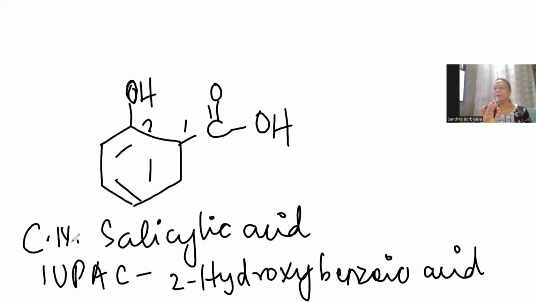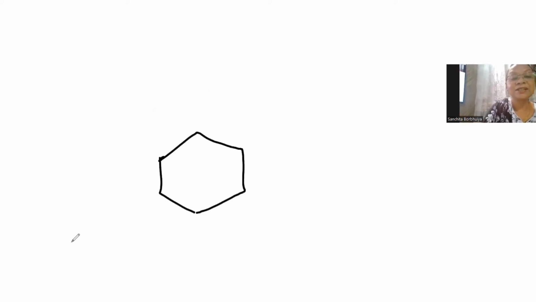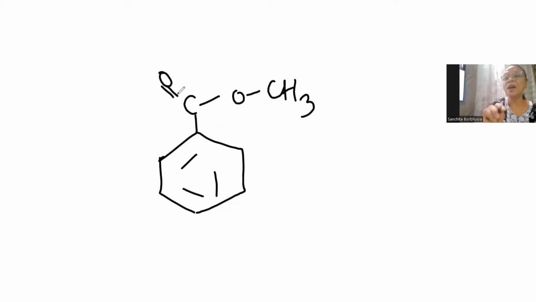Going on to the next compound, let me go to an ester. ORCOOR, that is how an ester is written. And let me put the hydroxy here. This is the oil of wintergreen, which is usually present in compounds like Iodex and the rest which are used for inflammations.